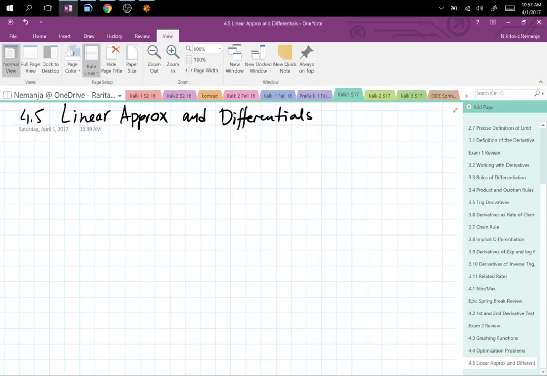Linear approximation is used for calculation. There are other things in mathematics that this is still relevant to, but not for calculation. So this was used to take difficult problems that are difficult to calculate and make them easier to compute.